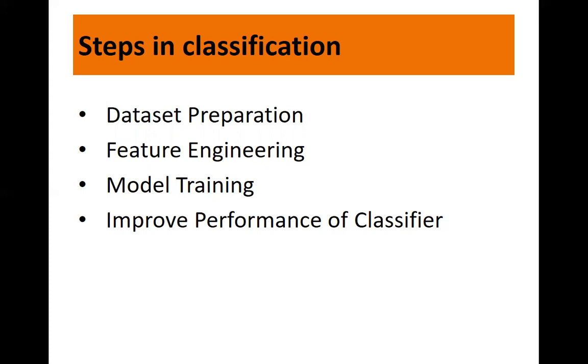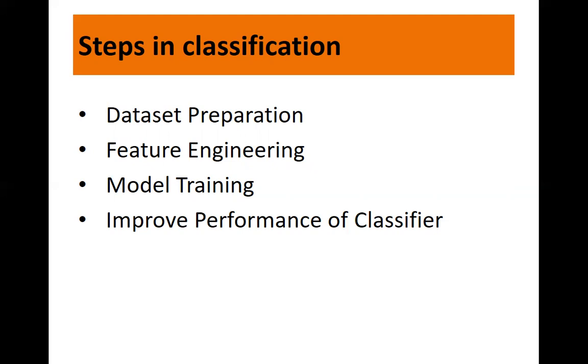The second step is feature engineering. In feature engineering, the raw data set is transformed into flat features which can be used in a machine learning model. What does it mean? We convert our existing data into the form that a machine can understand, that is, numerical form. The third step is model training.